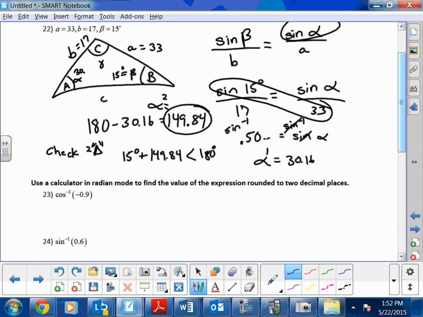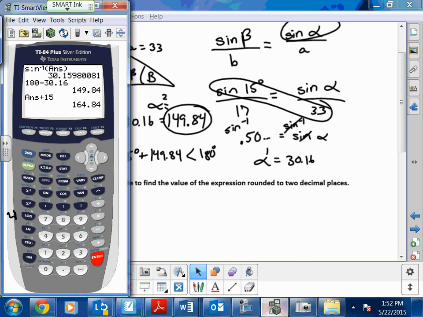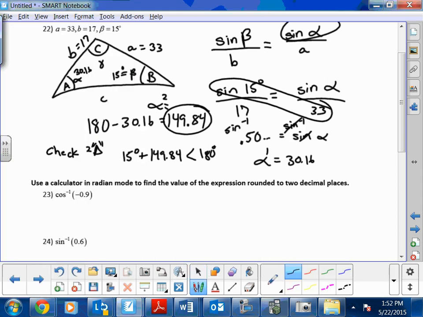We know by the definition of a triangle that they all have to add up to 180. So let's do this. 180 minus 30.16 minus 15 degrees, the other angle, means that it could be 134.84.